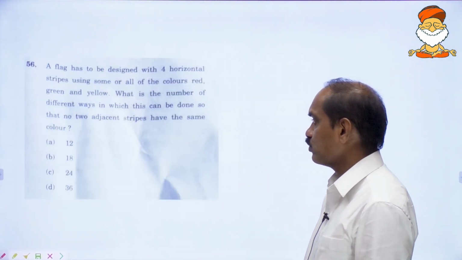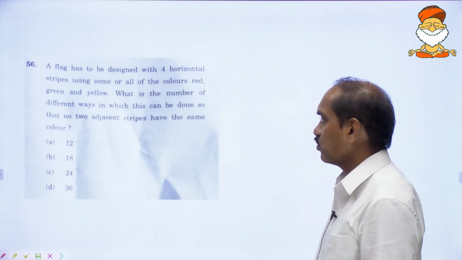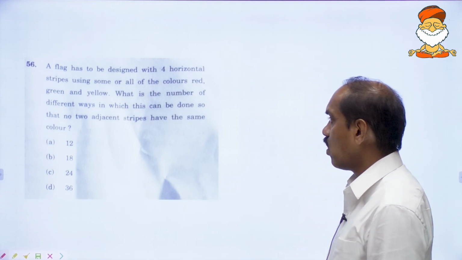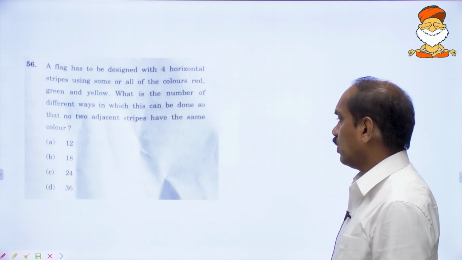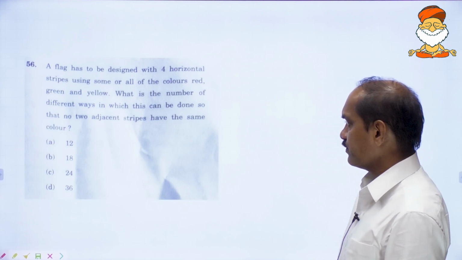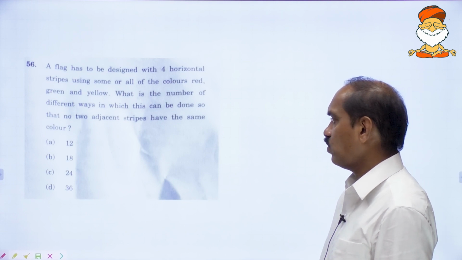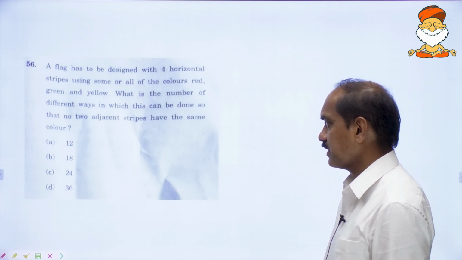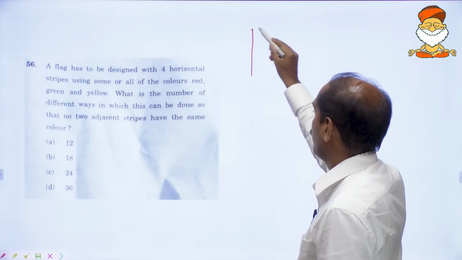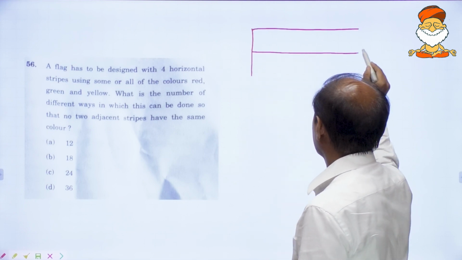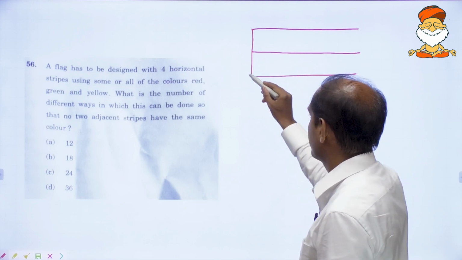A flag has to be designed with 4 horizontal stripes using some or all of the colors red, green and yellow. What is the number of different ways in which this can be done so that no 2 adjacent stripes have the same color? So we have 4 like this, 4 stripes.